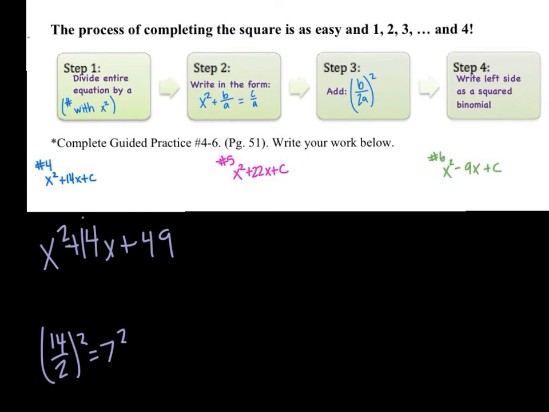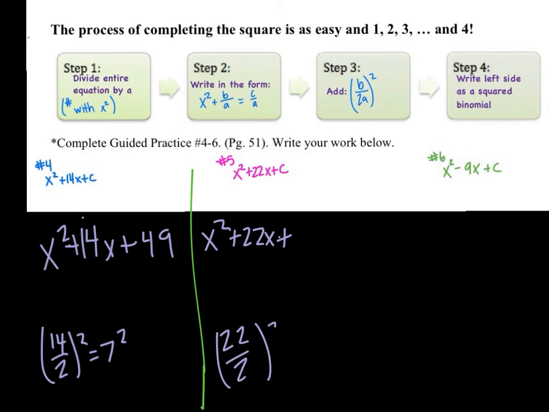If you look at number 5, x squared plus 22x plus what gets us to a perfect square trinomial. You would take your b term, divide by 2, and square. So 11 squared equals 121.